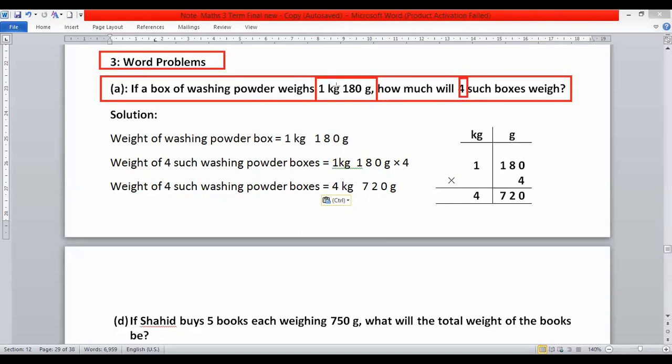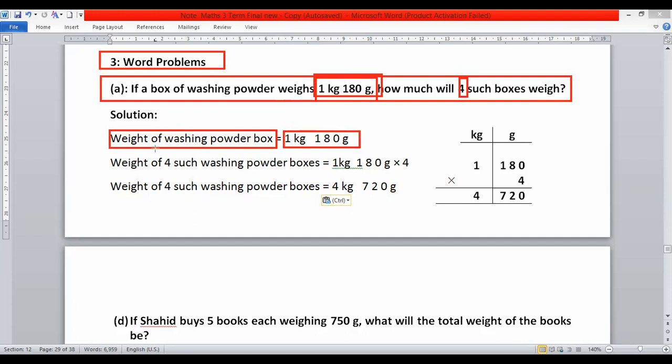Mean, in this word problem, you have to find the weight of four boxes if the weight of one box is given. So in solution, first of all, we write the weight of washing powder box that is given, 1 kilogram and 180 gram. This is the weight of one box.